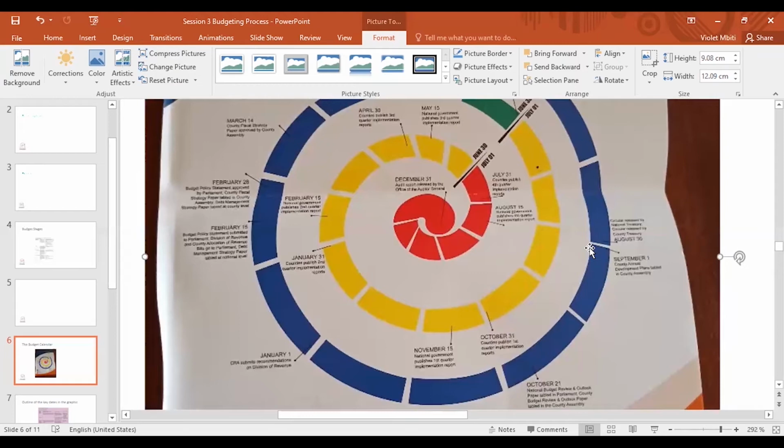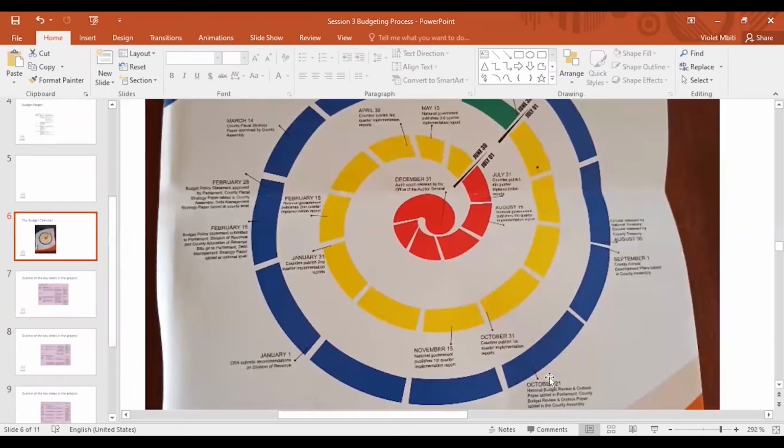That is why you find that, like here, January 31st, there's something happening. January 1st, you can see there's division of revenue. At the same time, counties publish the second quarterly implementation report. Okay, so you find that there's an overlap. That is why it is a cycle. That is why it's called a budget cycle.